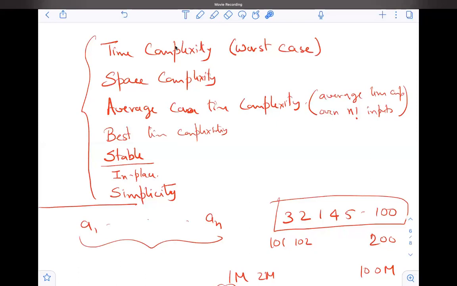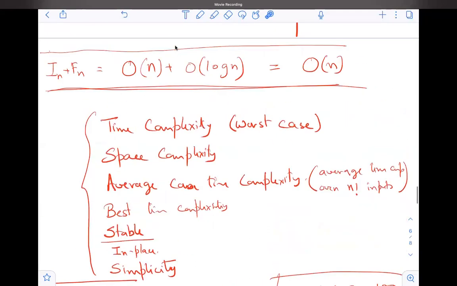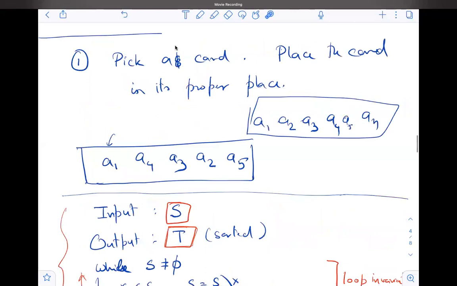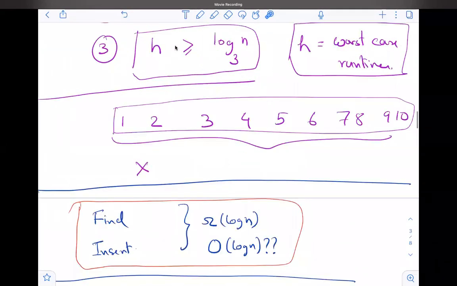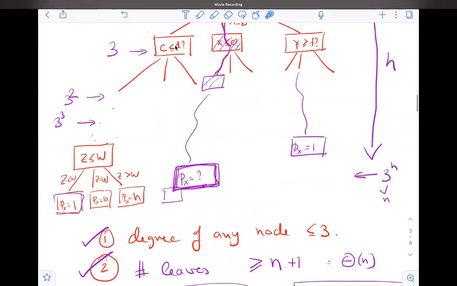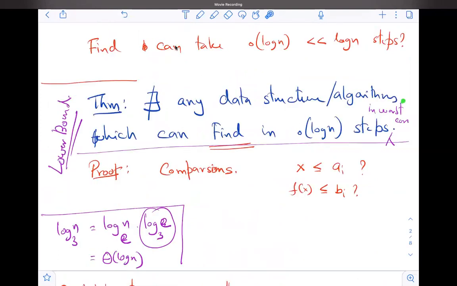Sir, you posed three questions, right? One of them was this log n thing, the lower bound for search. This is one question. The other one was the average case. We said that in the worst case, the find cannot take less than log n, but what happens in the average case? And what was the third question?